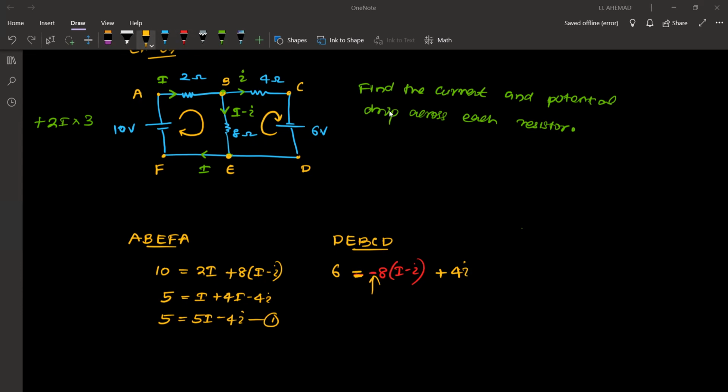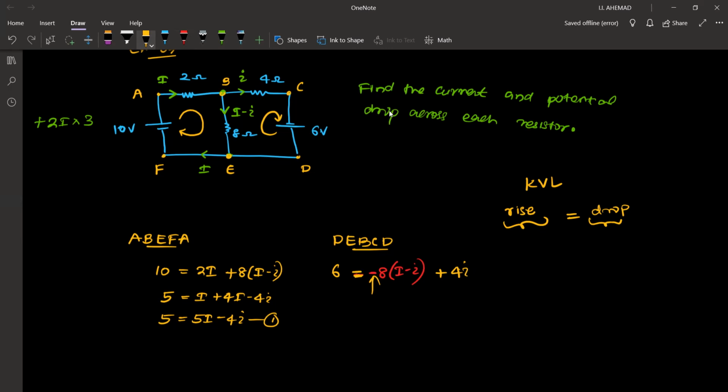Amna, what we have done here is, in this KVL, Kirchhoff voltage law, we equate the voltage or the potential rise to potential drop. Okay, we equate potential rise to potential drop.